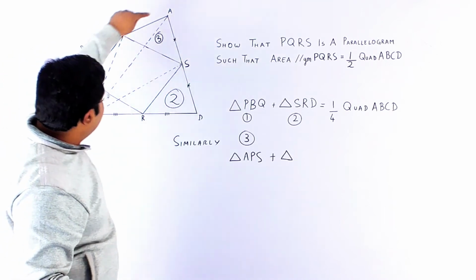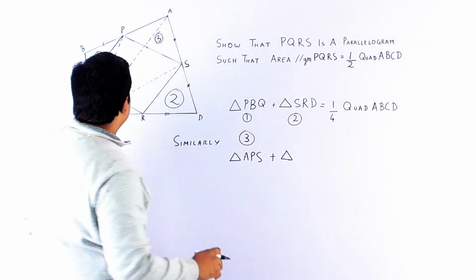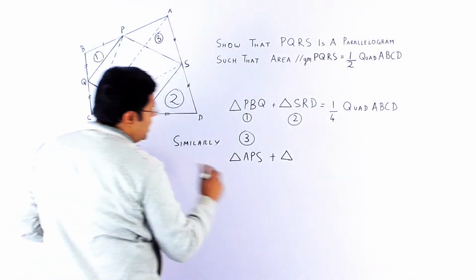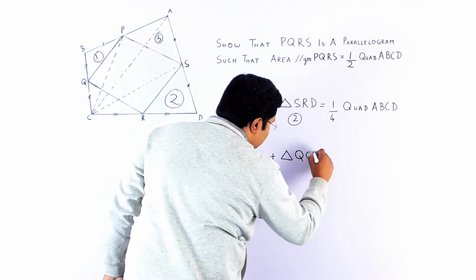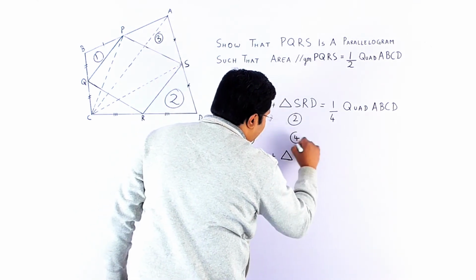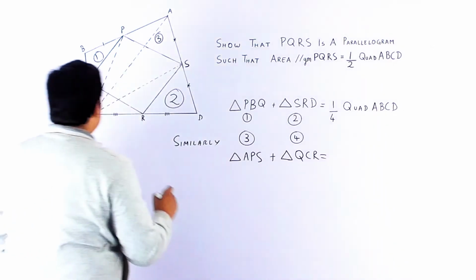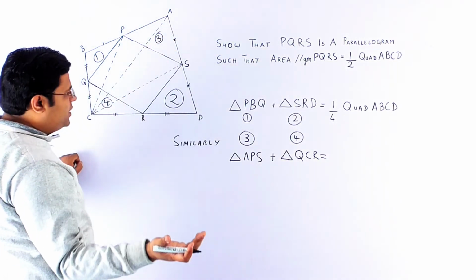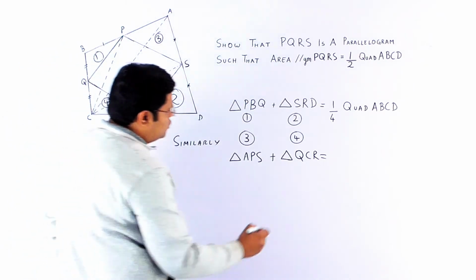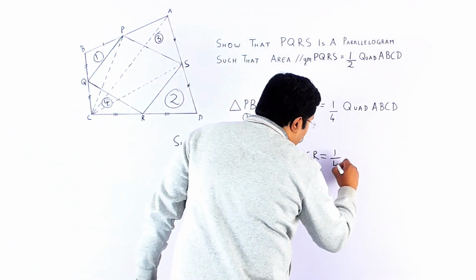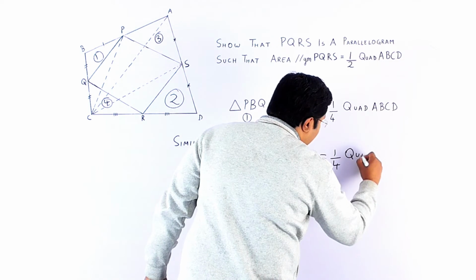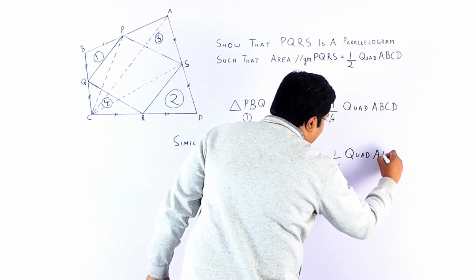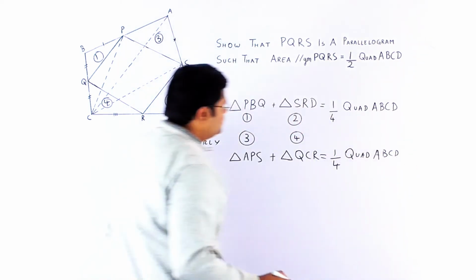You just say similarly triangle APS plus triangle QCR, which happens to be my triangle number 4, they together, 3 and 4, will also be 1/4 of the quadrilateral ABCD.